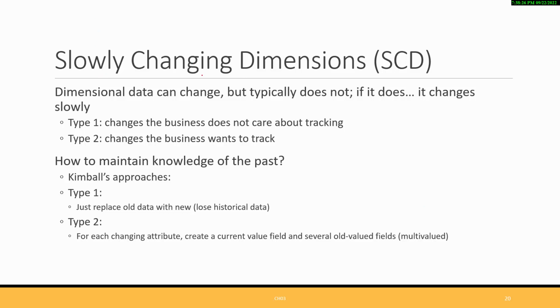Let's now talk about slowly changing dimensions. So we do know that in a star schema or any dimensional model, usually the fact table gets updated or changes very frequently. But dimension table data can change, but typically does not change very frequently. If they change slowly, what do we do with them?